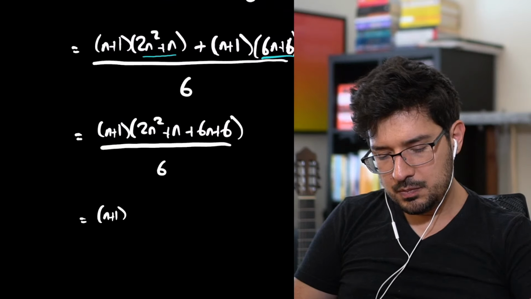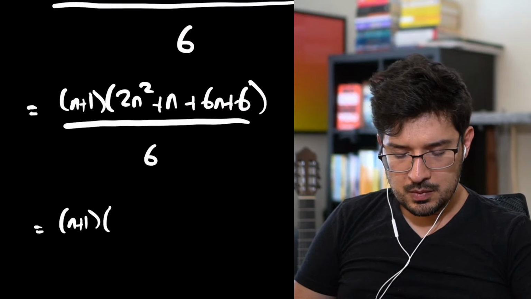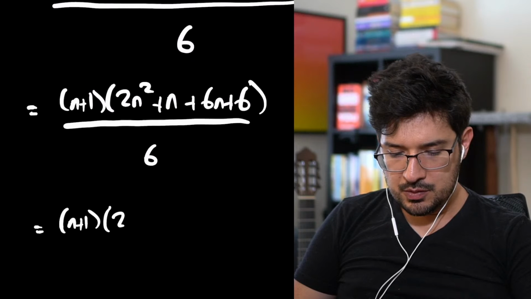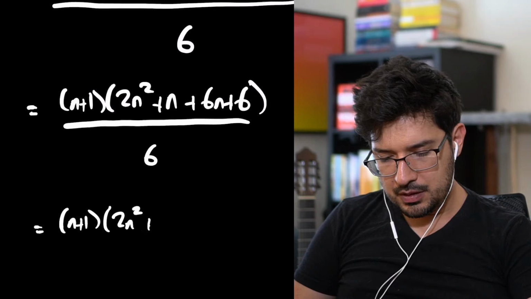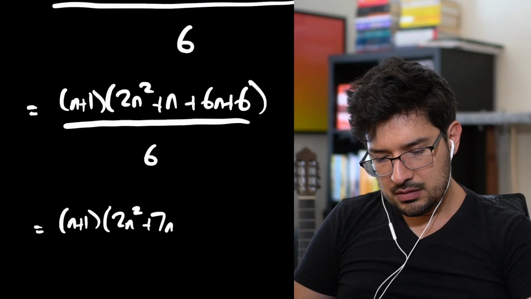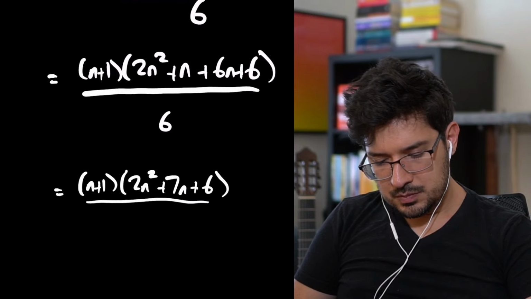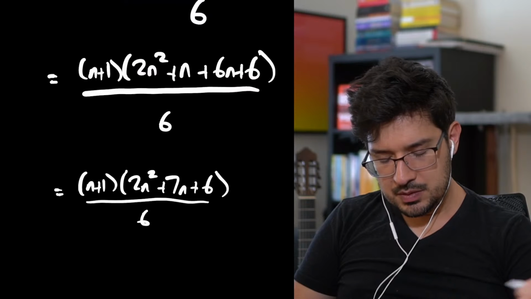Now, what can we do? We have 2n squared plus 7n plus 6, all divided by 6.